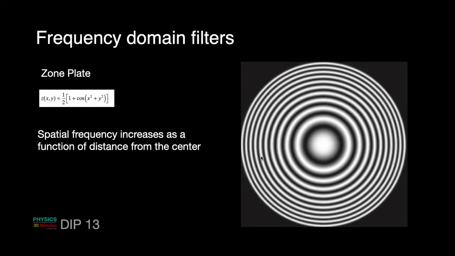Now, computationally, you can obtain this image by making this computation. You can take different values of x and y, calculate their cos, calculate z, and plot z against x and y.